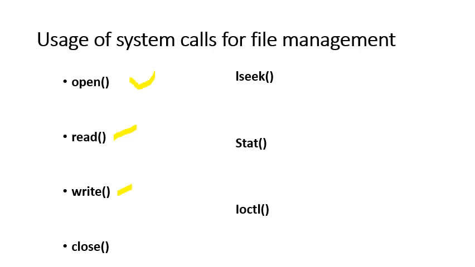Next I want to explain the lseek system call. The lseek system call is used to change the location of the read or write pointer of a file descriptor. With its help, the offset can be set in either absolute or relative terms.